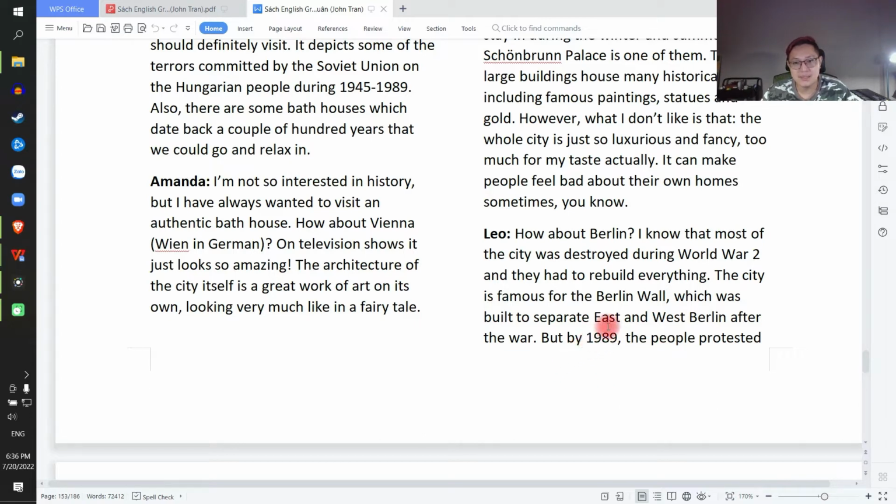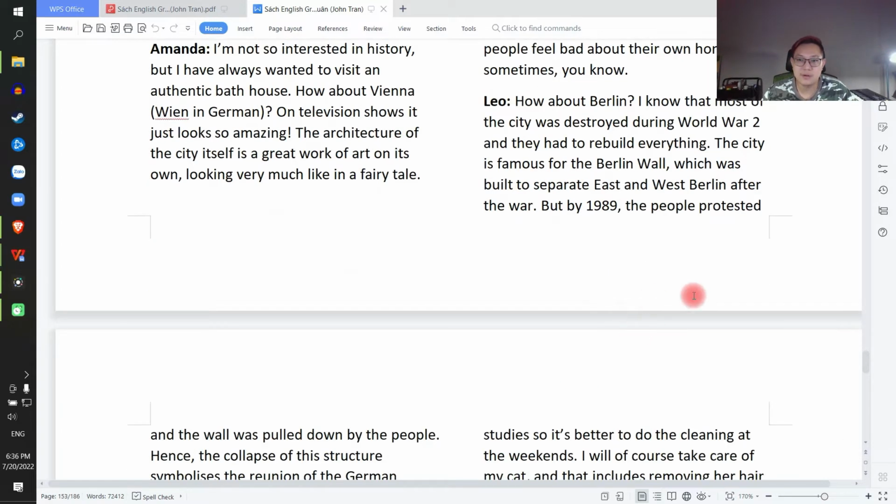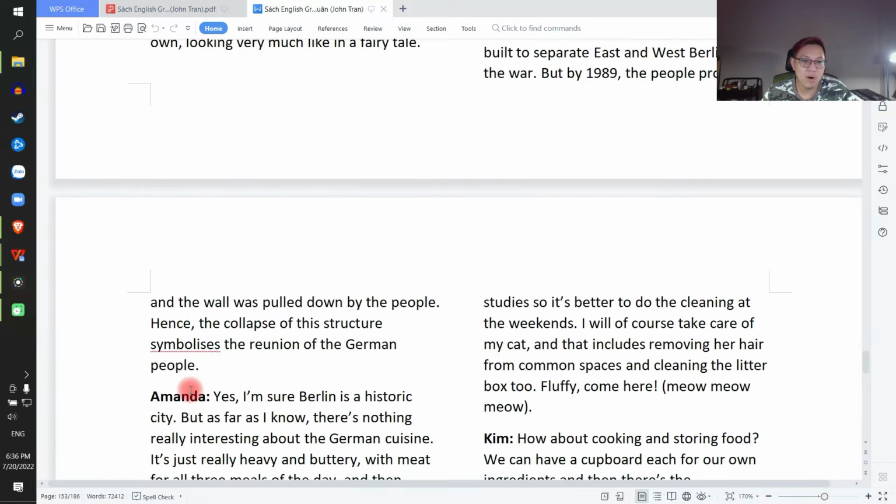But by 1989, the people protested and the wall was pulled down by the people. Hence, the collapse of this structure symbolizes the reunion of the German people.